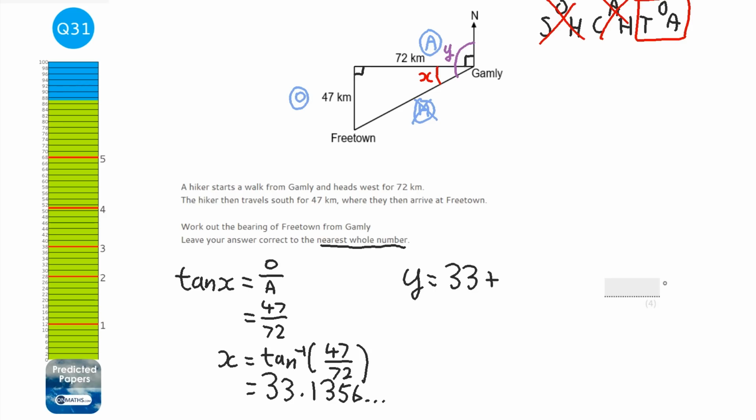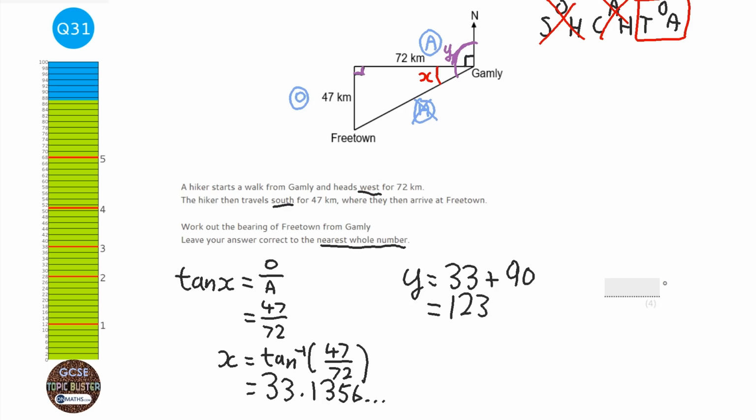Now, the reason I know this is a right angle here is because it says that he heads west and then south. So I know that both the angle here and the angle here are going to be right angles, because the angle between all four directions, north, east, south and west, are going to be right angles. So I'm going to add 90. And you can do this in the calculator, or you can do it in your head. I'm going to do it on the calculator.